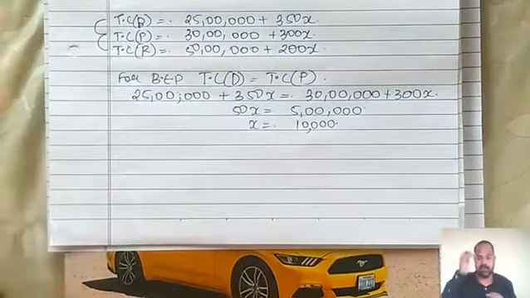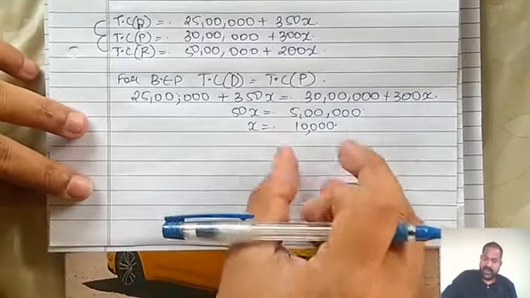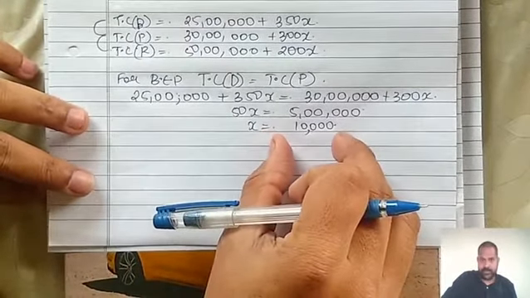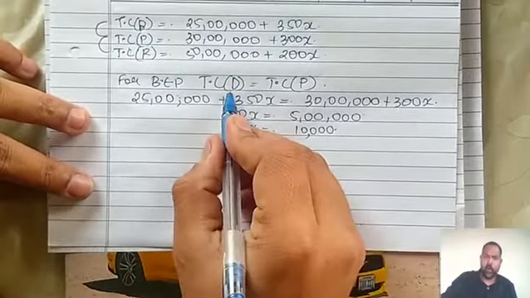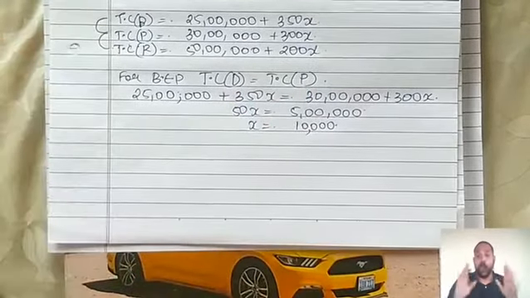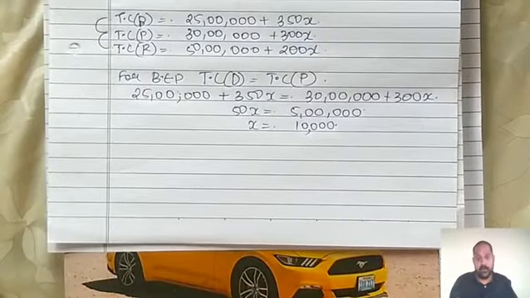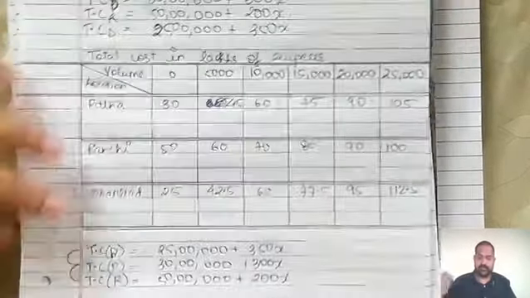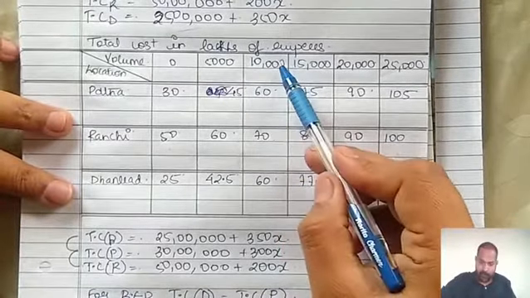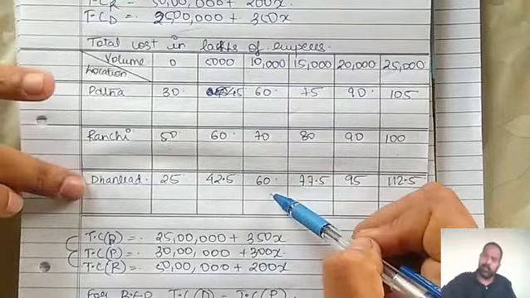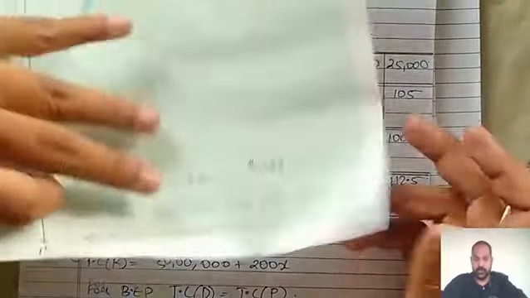What does this mean? Well, this means something very simple. That 10,000 units, if you want to produce it in Dhanbad or in Patna, both will give you the same total cost. Don't believe me? Check. At 10,000 units, do you notice if you produced in Patna or in Dhanbad, both give you the same cost?